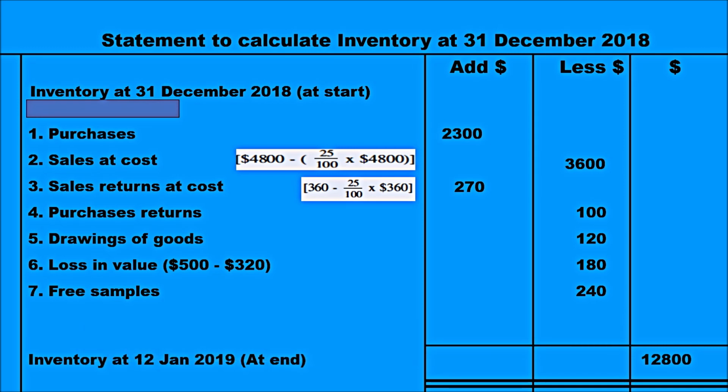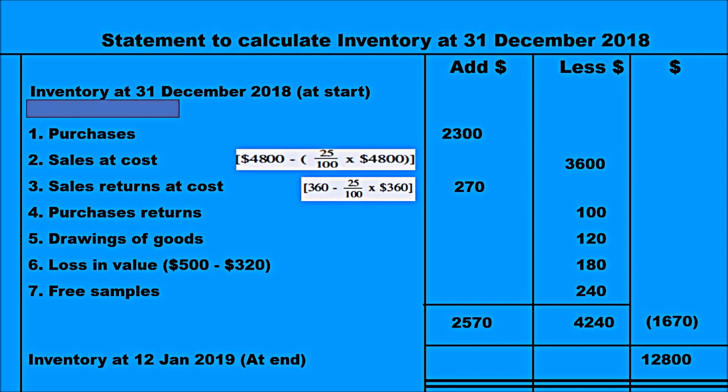Since these are the only 7 items in the question, we calculate the total. The goods to add total 2,570, representing the total amount of goods that came in during the period. The column to deduct totals 4,240, representing the total amount of goods that went out during this period, giving a net figure of 1,670.